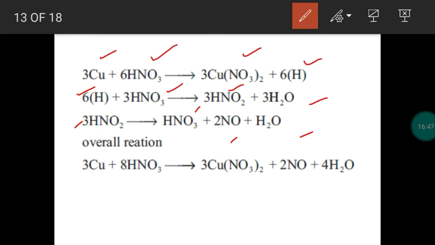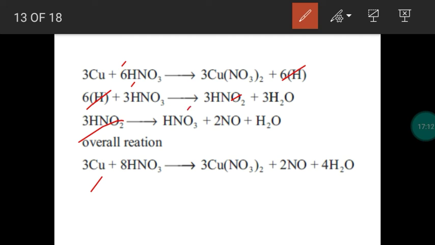You just strike out the similar molecules. Okay, so here hydrogen and hydrogen are similar. Then nitrous acid are similar. So remaining, on the left hand side we have 3 molecules of copper and 6 plus 3, 9. Then on the right hand side we have one nitric acid molecule.